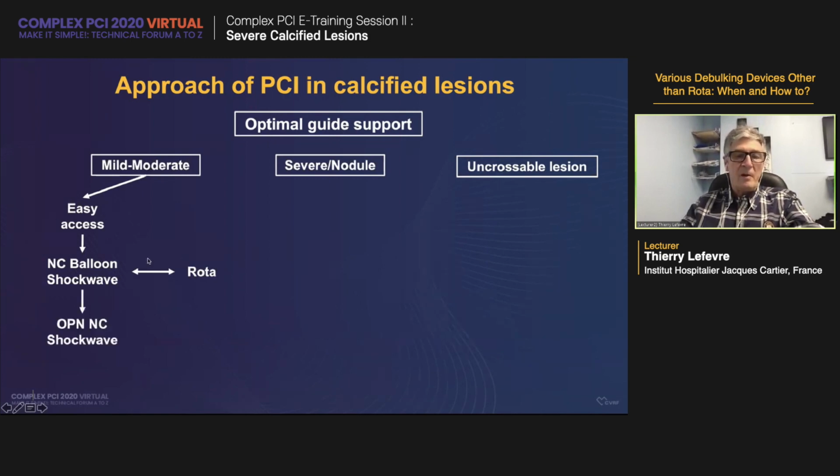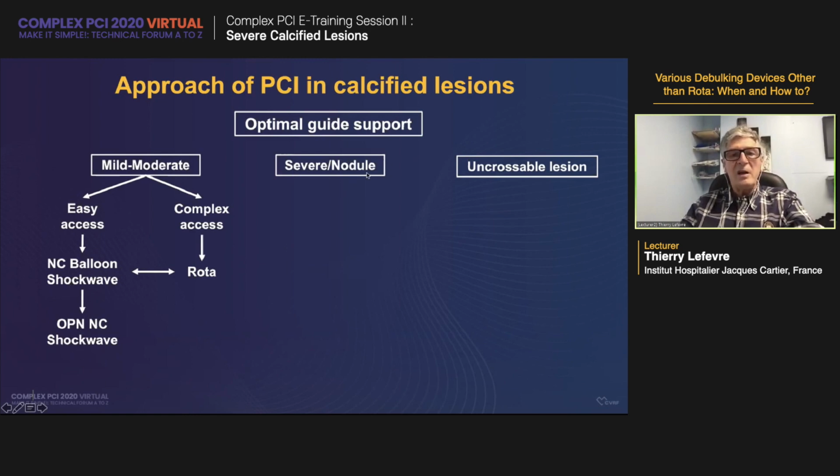Then after, you can use again a non-compliant balloon and stent. If you have complex access, it's a little bit different. And clearly, a rotablator can be a very good option. And then you can use Shockwave or OPN balloon and stent.